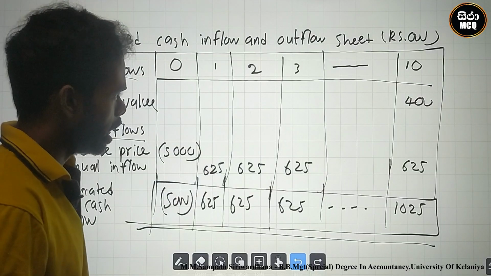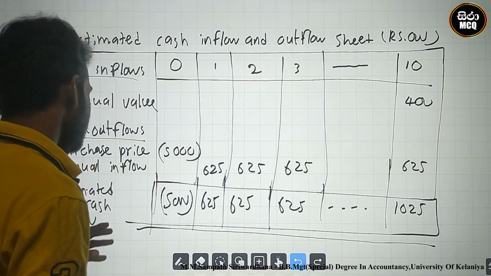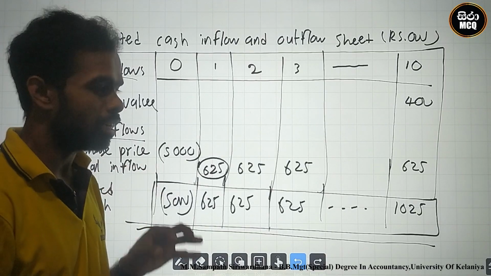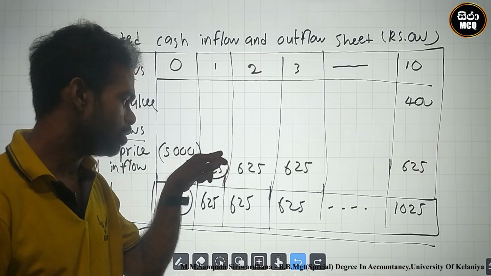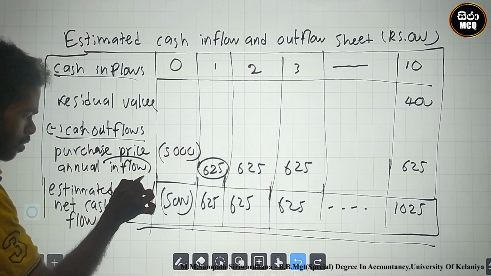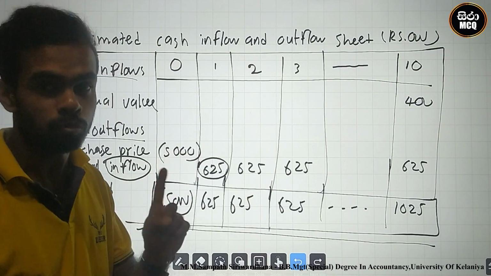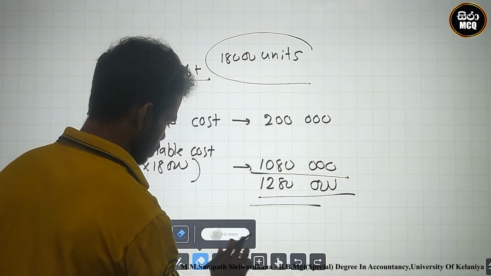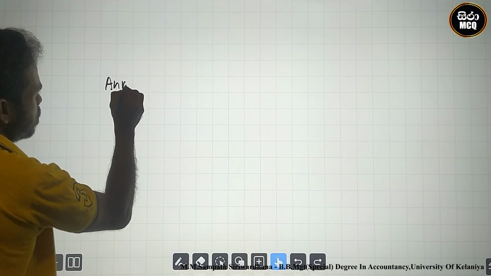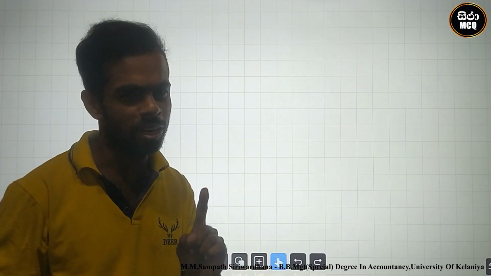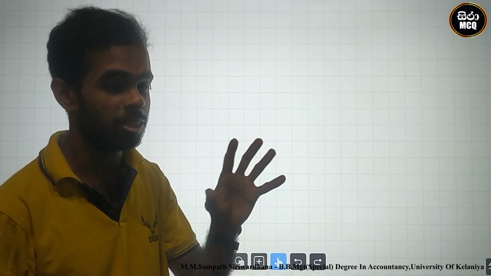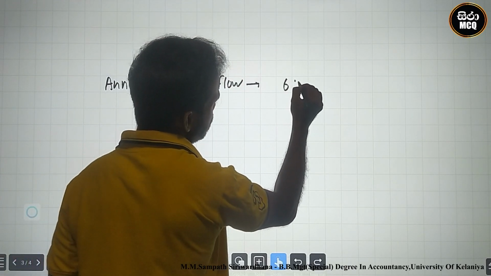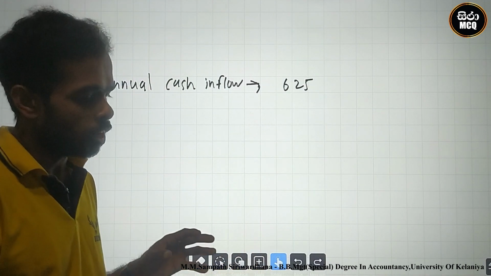How can we calculate the average annual profit? The net annual cash inflow is 625 every year, and since it is the same each year, the average is 625. This is the annual cash inflow.